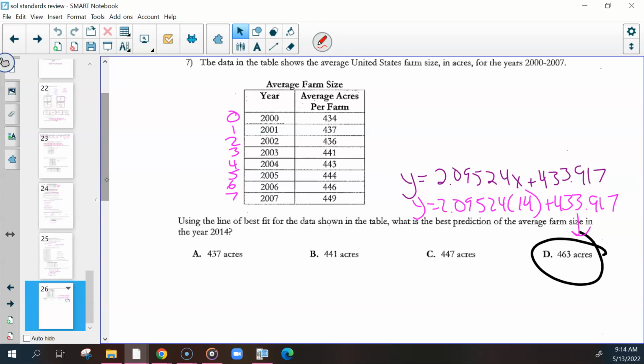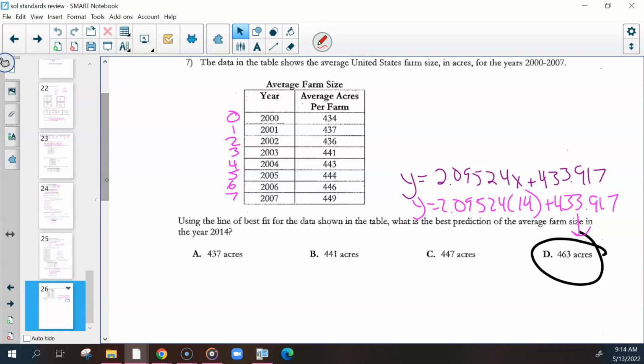So make sure you change that, otherwise your equation becomes way bigger than you really want it. Then when you find your line of best fit, so this was the answer, and I'll show that in decimals here in a second. You don't need all of those decimals, but it'd be 2.1 plus 433.92. And we're looking for the best prediction of average farm size in 2014.